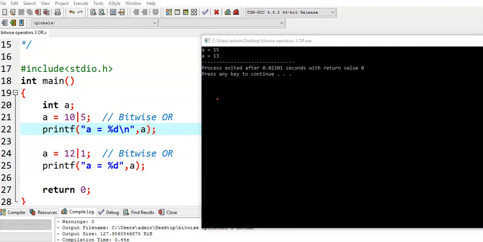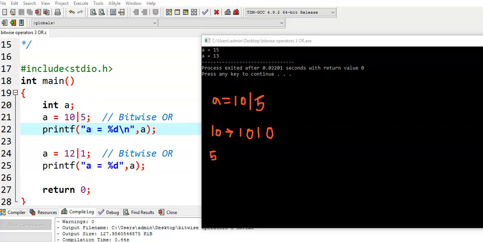In the first case, the A value is equal to 10 OR 5. How is this operated here? First, the binary value of 10 is obtained. The binary value of 10 is, I am writing it in 4 bits, 1 0 1 0.